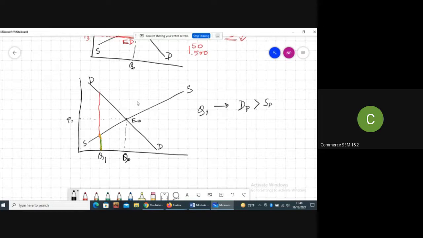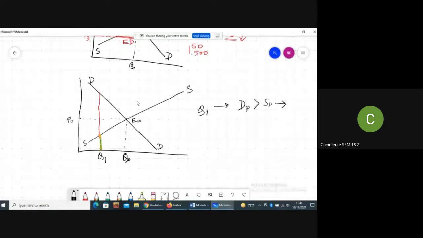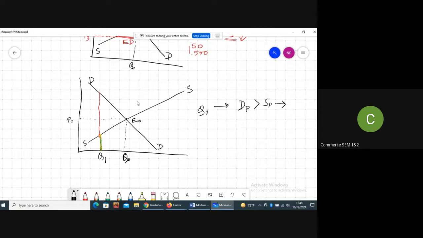As a result, producers see that the buyers are willing to pay more than what they are willing to accept, so it is quite natural that they will start to produce more. So the market output will increase and it moves toward Q0. So equilibrium E0 will be restored.